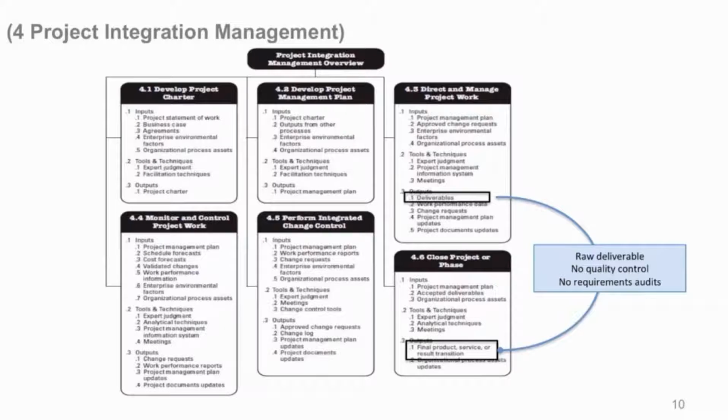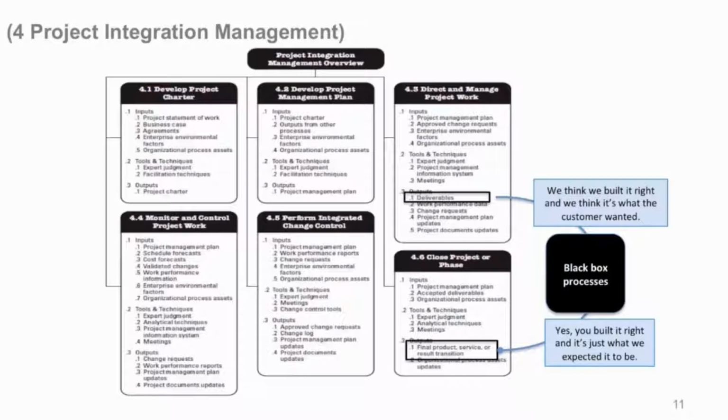What if you gave the raw deliverable that was just produced, no quality control, no requirements, scope validation, and you just gave it to your client? You are saying, we think we built this right, Mr. Client, and we think it's what the customer wanted. Okay, some black box process, whatever that is, says, yes, you built it right, and it's just what we expected it to be. Great. Now it goes into final product.